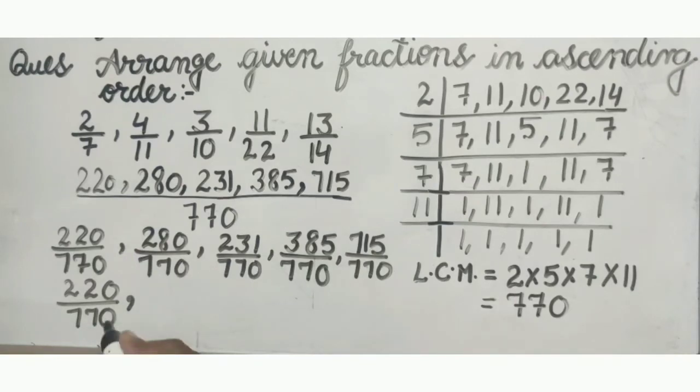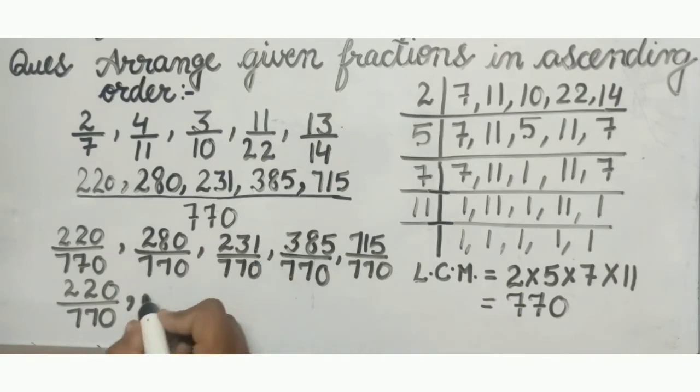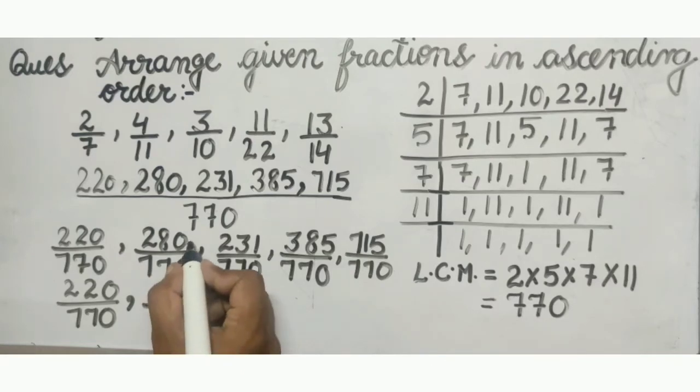Now, we have to find a fraction which is greater than 220 by 770. That is 231 divided by 770. Yes, after 231, 280 will come.